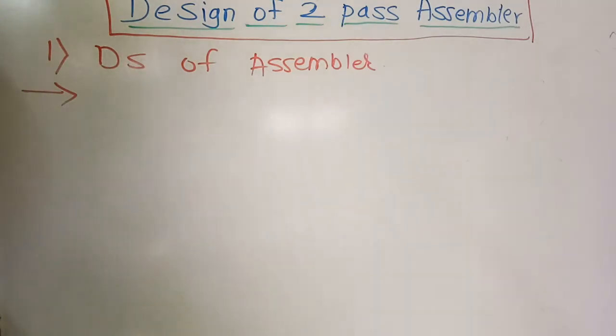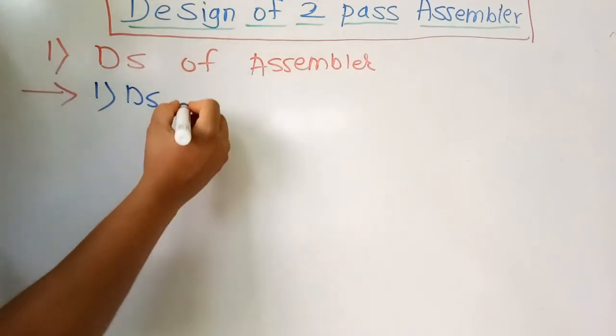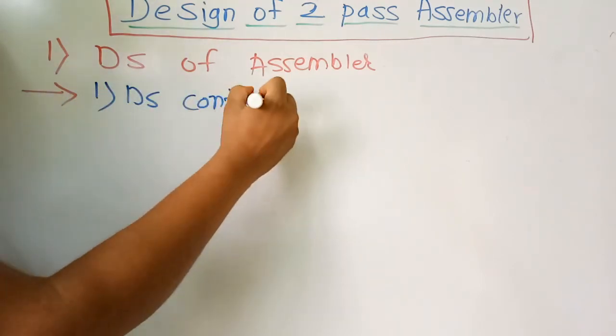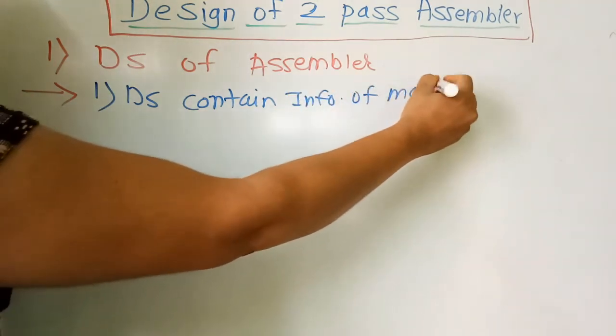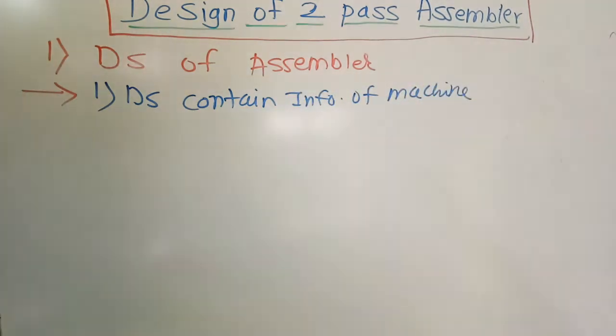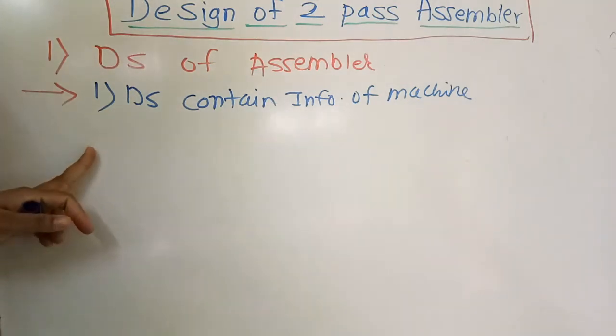So first is the data structure containing information of the machine. What is the data structure containing the information of a machine? This is nothing but the data structures that are not updated during the translation.